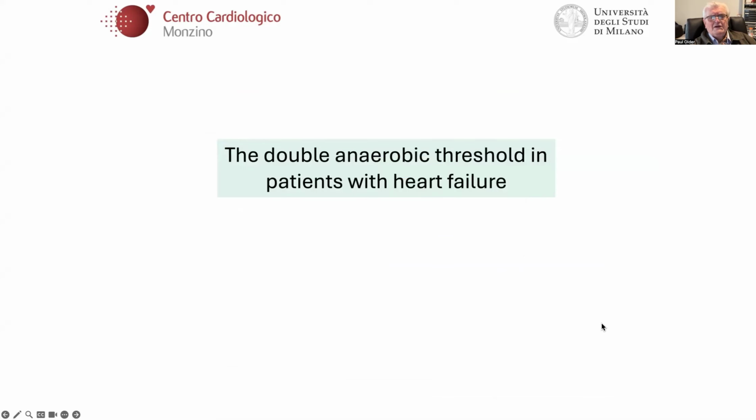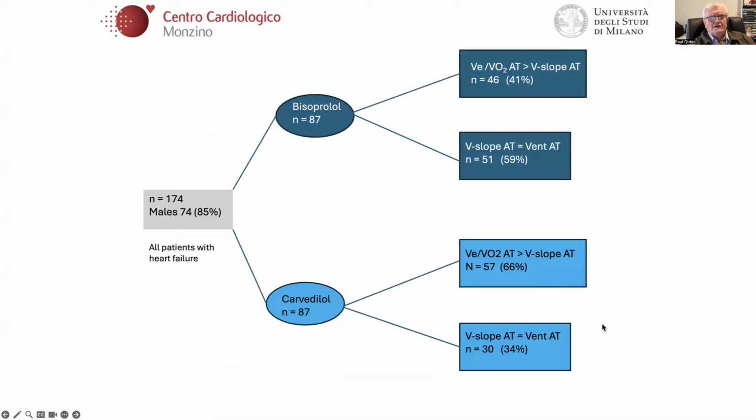But how about the double anaerobic threshold in patients with heart failure? Here we have 174 patients. 46, 51, 57, 30. Some of the patients are on carvedilol, some are on bisoprolol. Note that these patients demonstrate a double anaerobic threshold, and so do these.